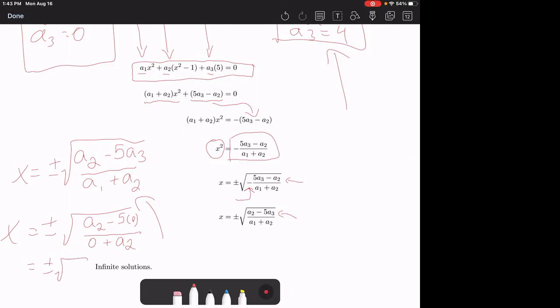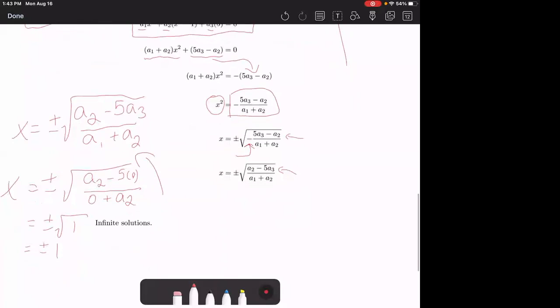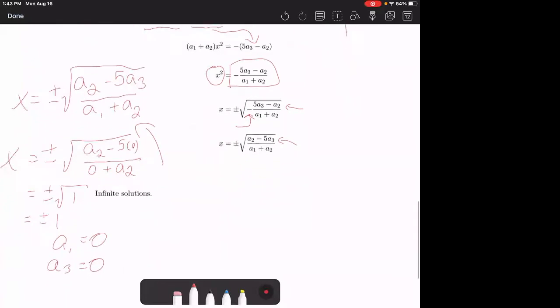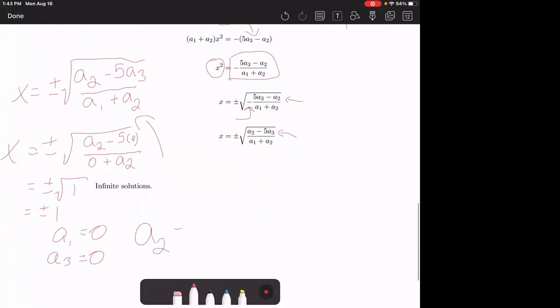Well, this is equal to A1 over A1, which is just 1, and then we get plus or minus 1 as our solutions. So as long as A1 and A3 are equal to 0, and A2 is not equal to 0, because you can't divide by 0. So A1 equals 0, A3 equals 0, and A2 equals 1.